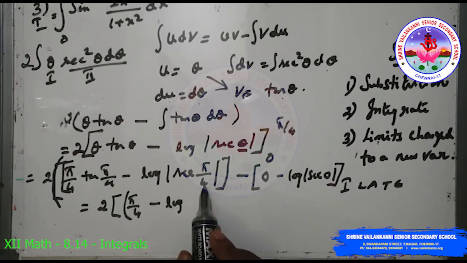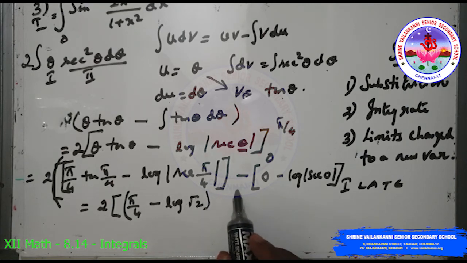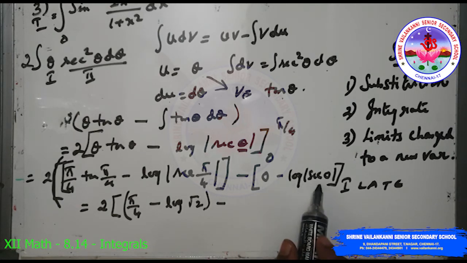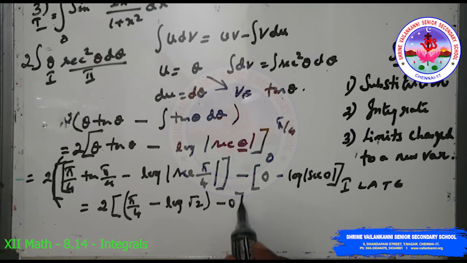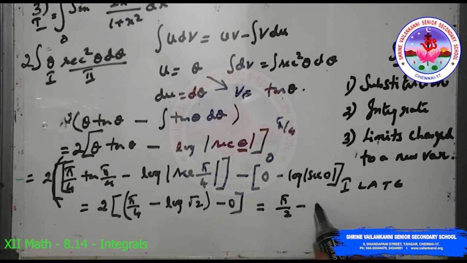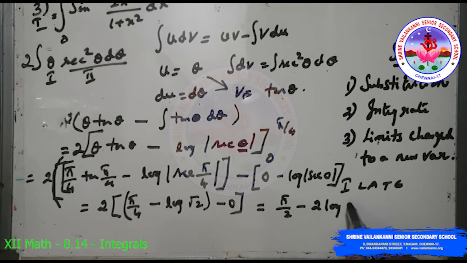Secant pi by 4 is root 2, minus 0 minus secant 0, which is 0. So multiplying 2 into this, we get pi by 2 minus 2 into log root 2.